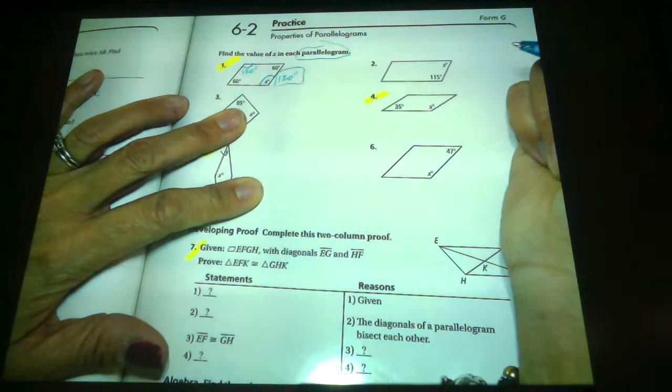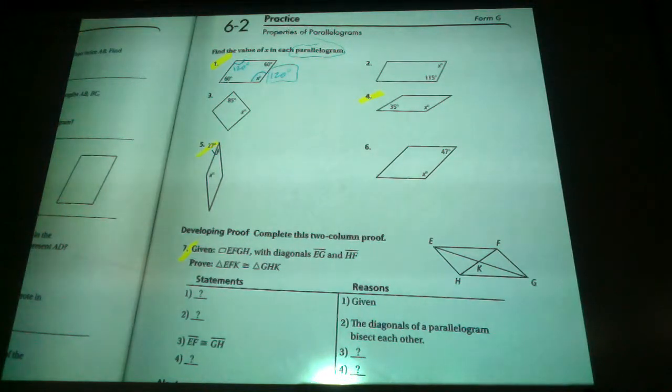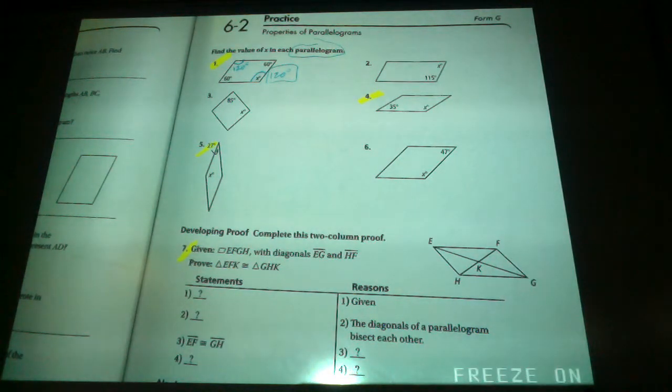Also 120. So I want you to find all four angles in 4 and 5 using those properties. And so you're doing this on your own.